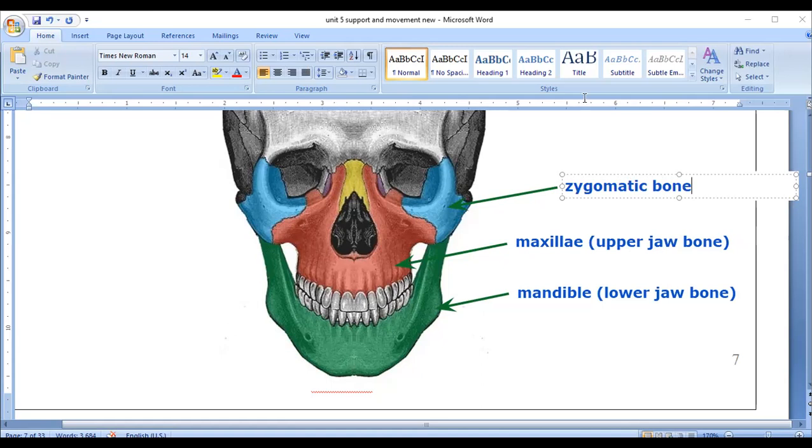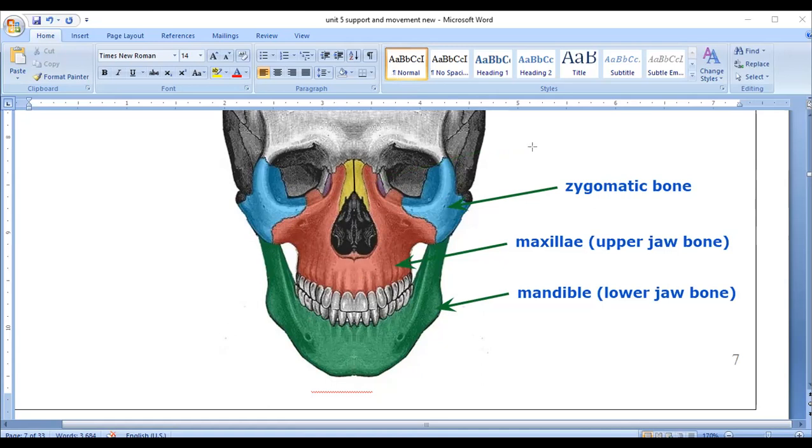Similarly, in this place there will be a tiny separation like this.